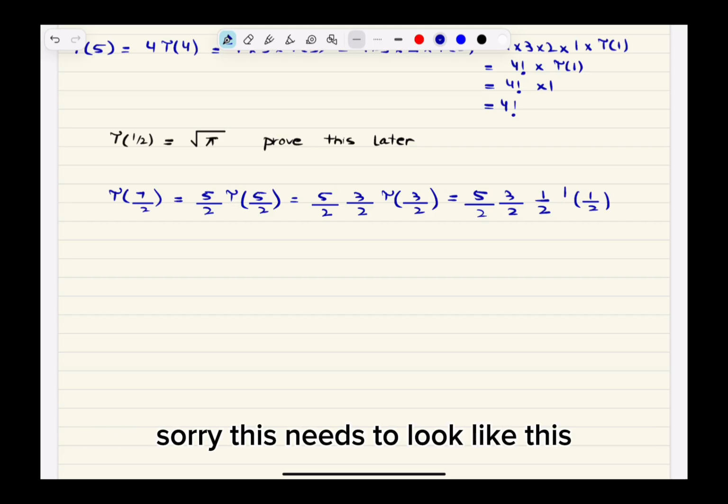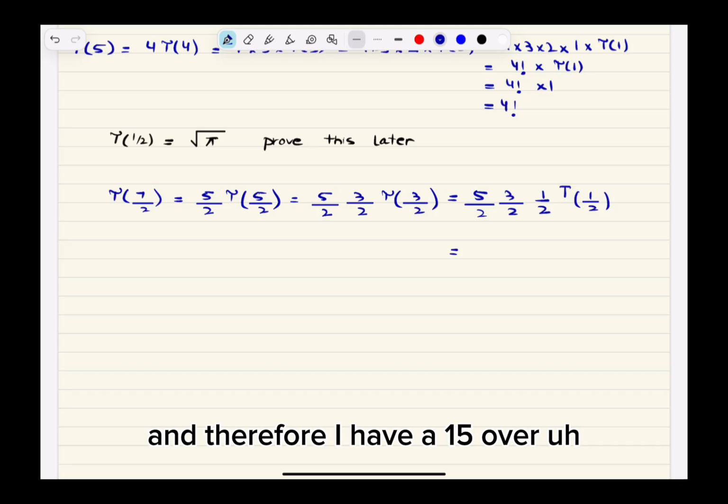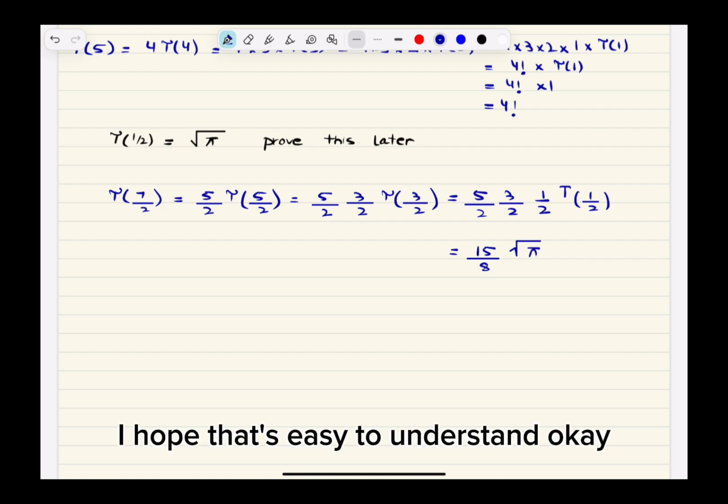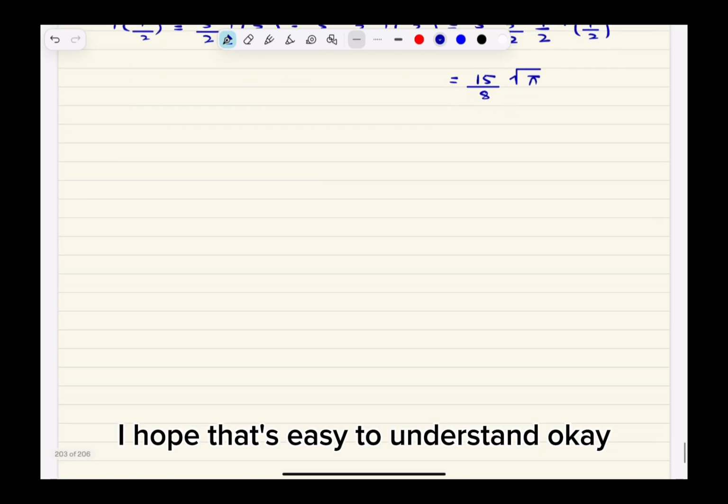And therefore, I have 15 over 8 times the square root of pi. I hope that's easy to understand.